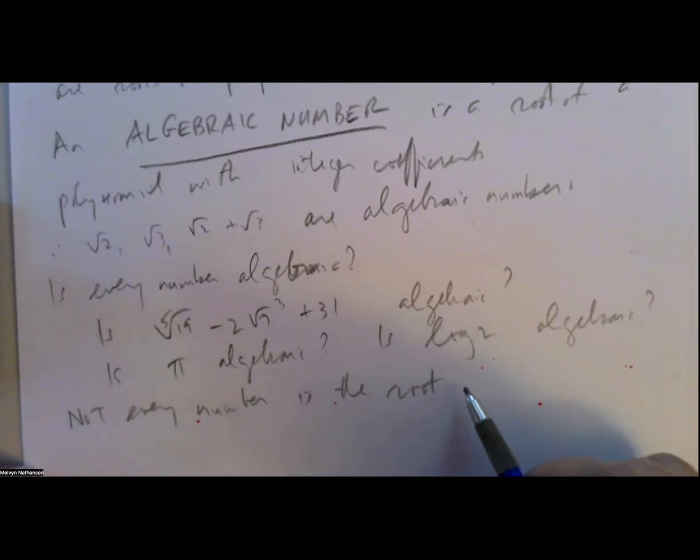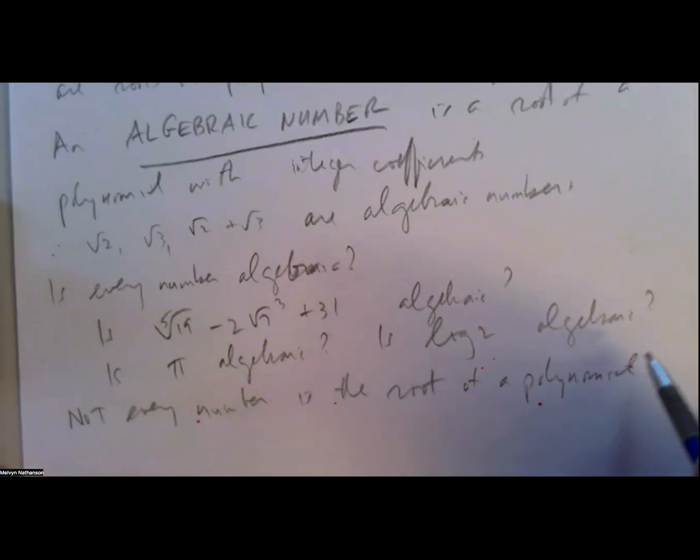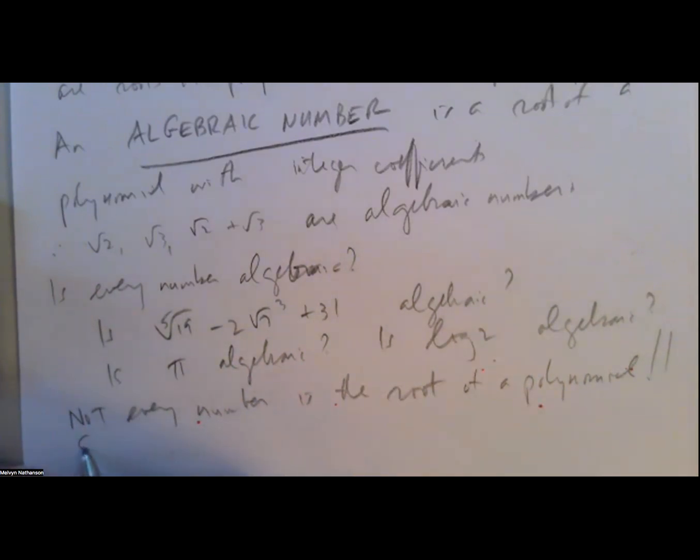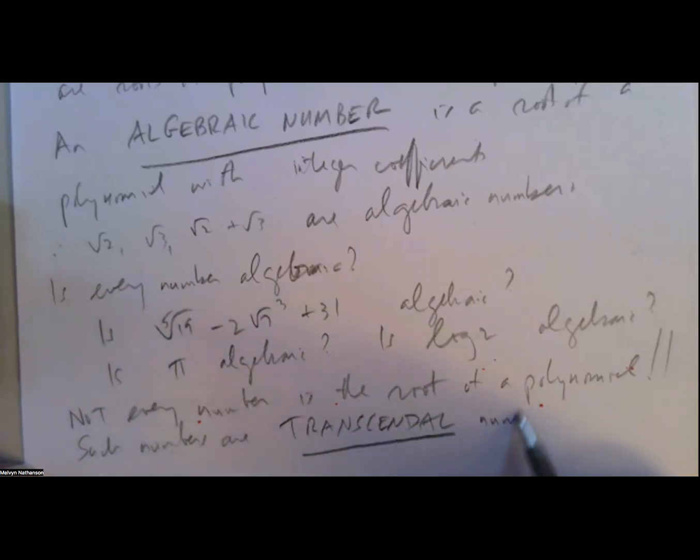Not every number is the root of a polynomial. Such numbers are called transcendental numbers.